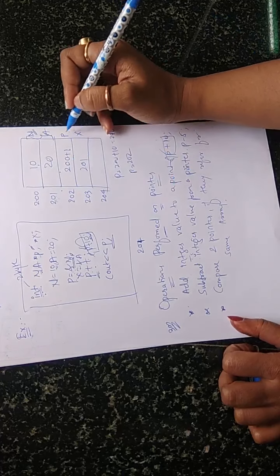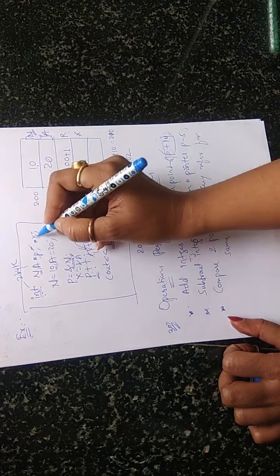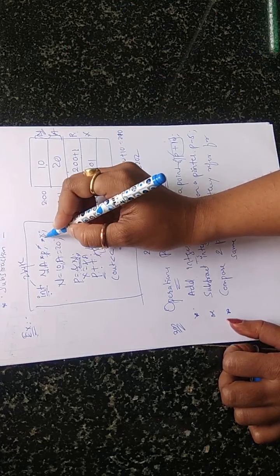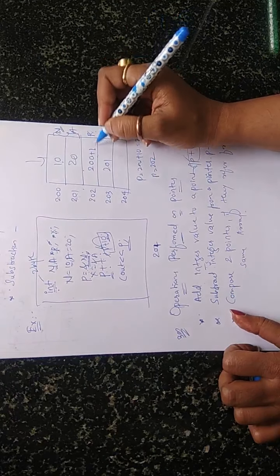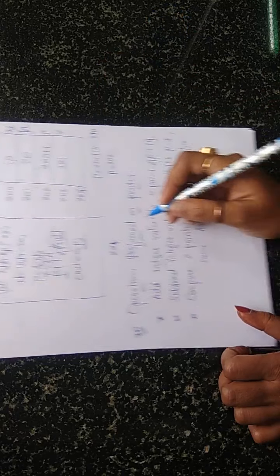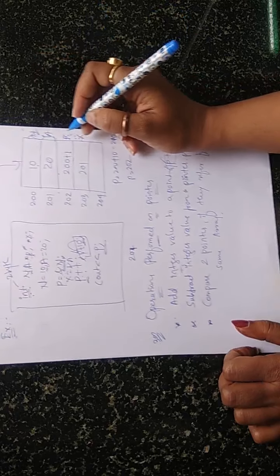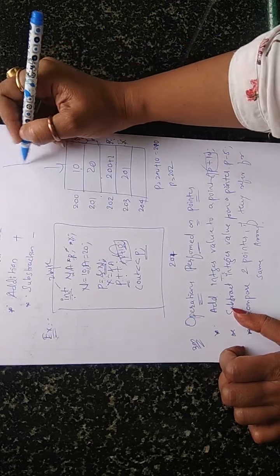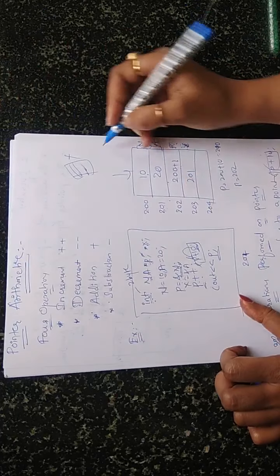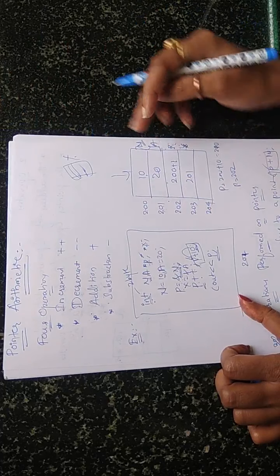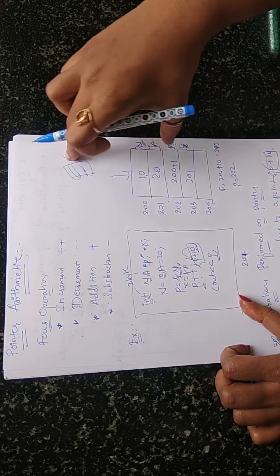So here x and p both are pointers, and they are referring to the same array. Then you can compare these pointers. Suppose there is another array, and here x is there and here p is there. Then you cannot compare these two pointers.